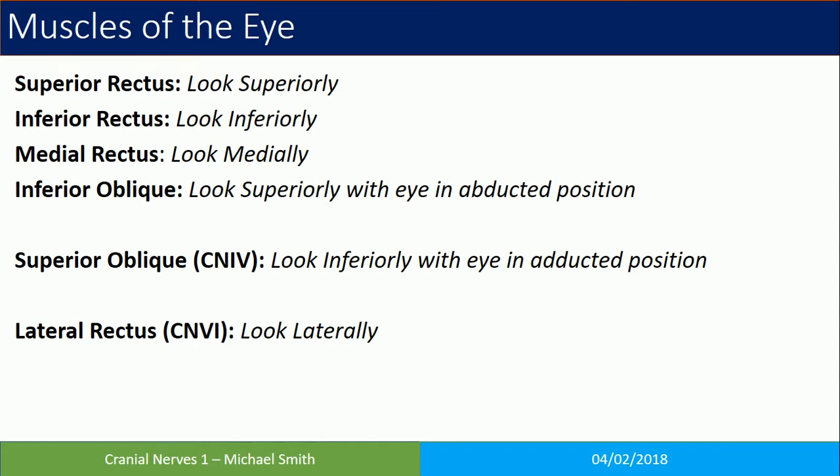So the inferior oblique, which sits at an oblique angle, which means it's diagonal, is able to get a better hold on the eye and can cause it to look up. And the superior oblique does a similar job, but makes it look down when the eye is looking inwards.